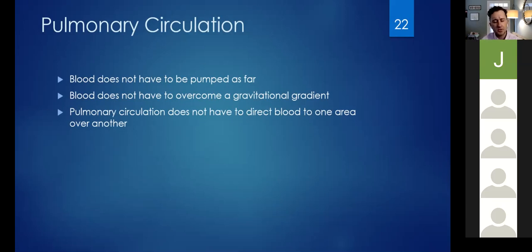And so there's selected blood flow that has to occur on the left side, and this doesn't happen in the pulmonary circulation. Again, the small caveat is the concept of hypoxic vasoconstriction, which I won't get into, but in general, pulmonary circulation doesn't have some of those hurdles that we see on the left side.